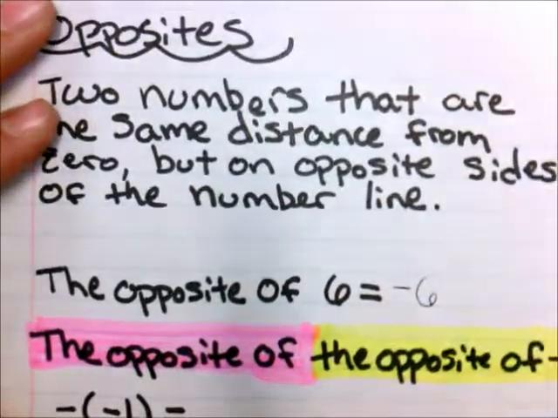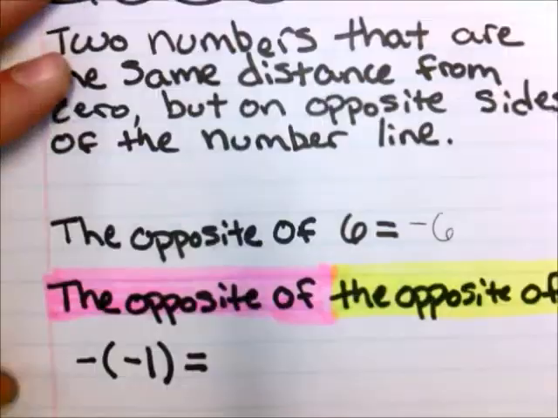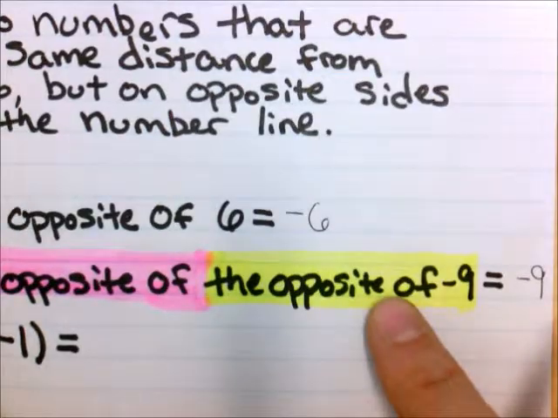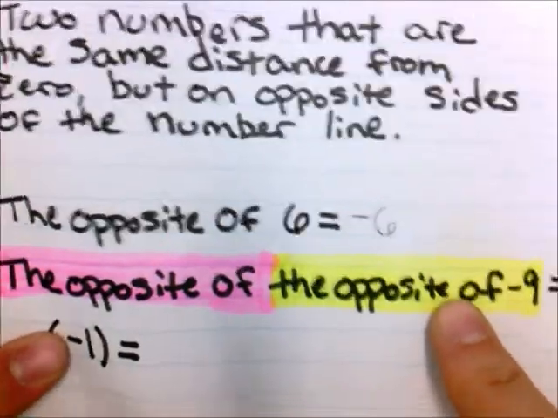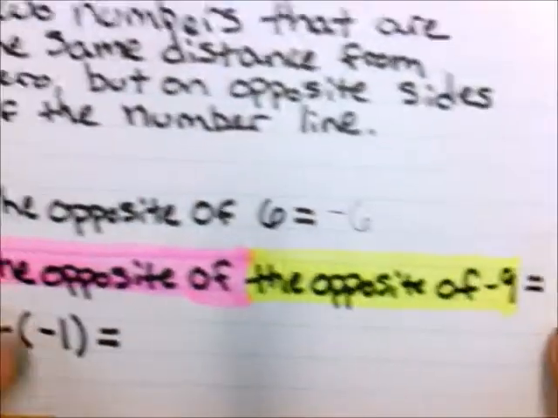And I'm done. So I do the yellow first and then the pink. The opposite of -9 is +9. The opposite of that is back to -9 again.